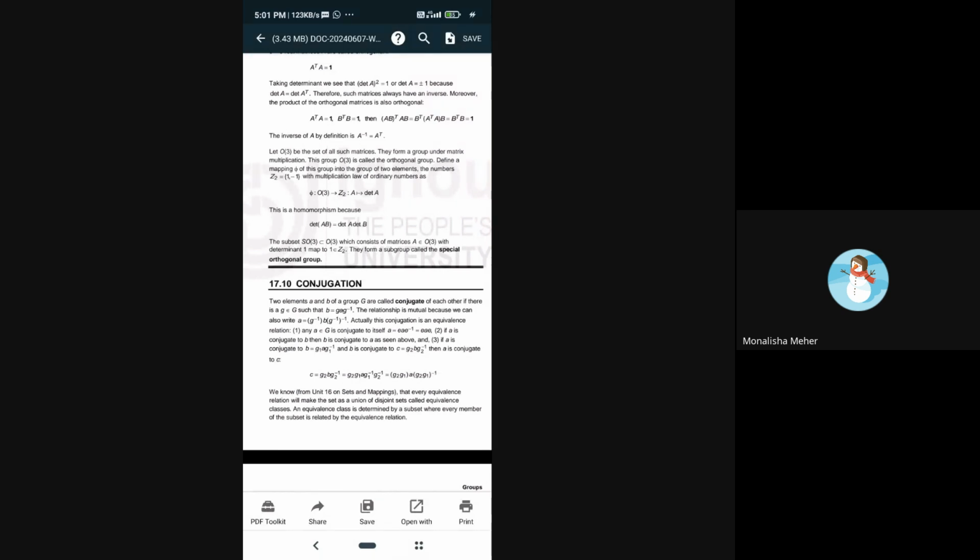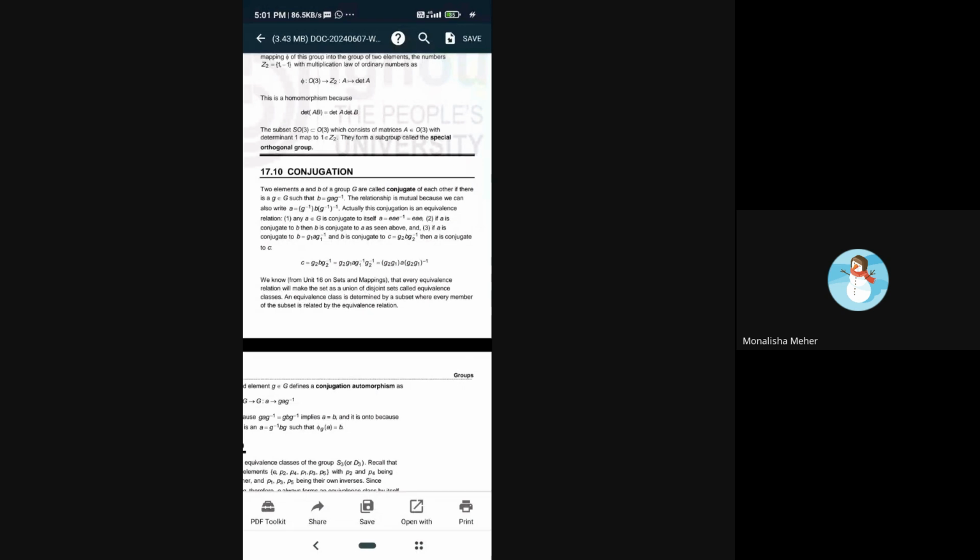Actually, this conjugation is an equivalence relation. Any A belonging to G is conjugate to itself, A is equal to E A E inverse. If A is conjugate to B, then B is conjugate to A as seen above. If A is conjugate to B, B equal to G1 A G1 inverse, and B is conjugate to C, C equal to G2 B G2 inverse, then A is conjugate to C.